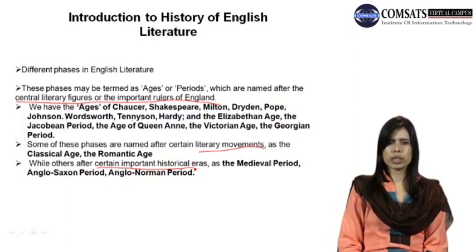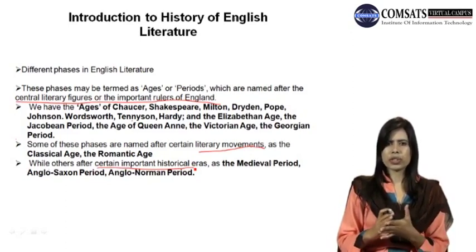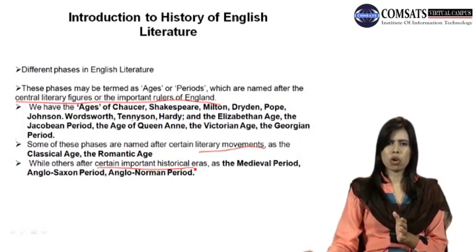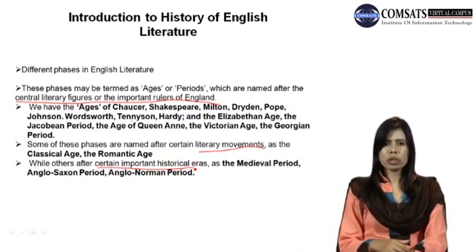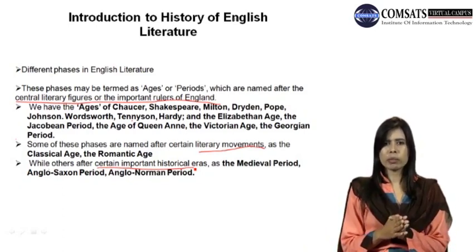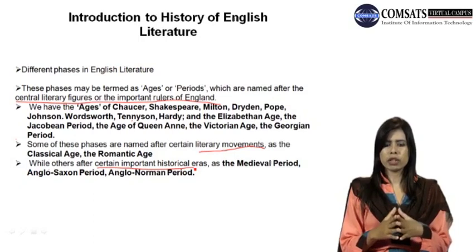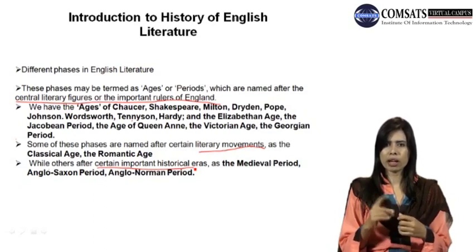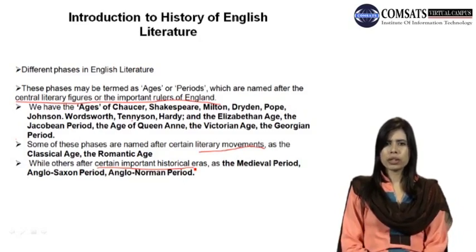So dear students, here you can see that there are certain factors which are involved in defining a period or an age. The fourth thing which is again very important is that we give a period a particular name after certain historical eras. For example, the medieval period, the Anglo-Saxon period, and the Anglo-Norman period.